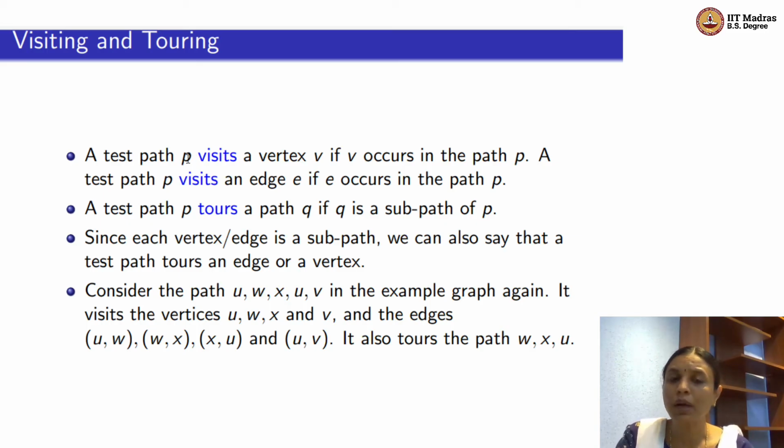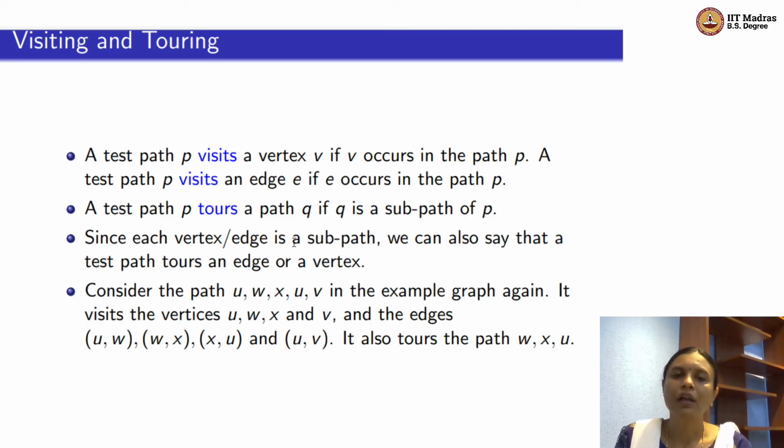We say a test path P visits a vertex V if V is one of the vertices that occur in the path. A test path P visits an edge E if E is an edge that occurs in the path. It just comes as a part of the path. A test path P tours a subpath Q if Q is a subpath of P.